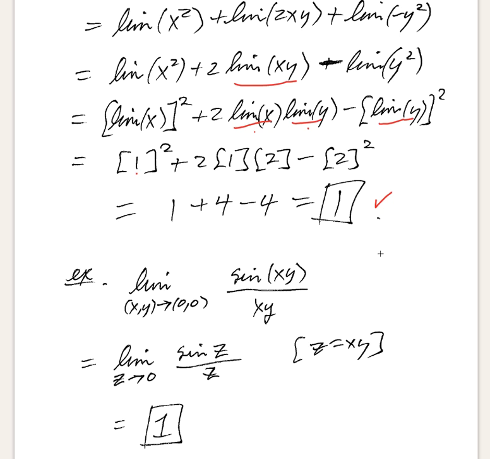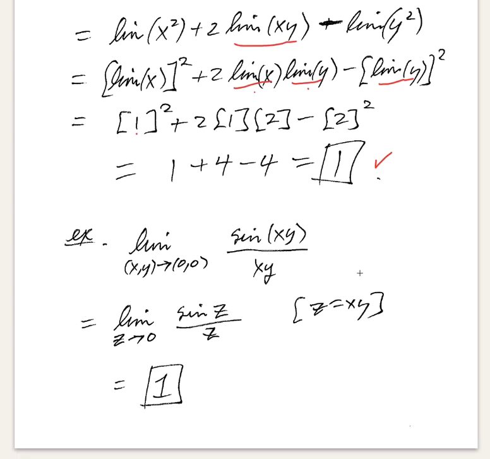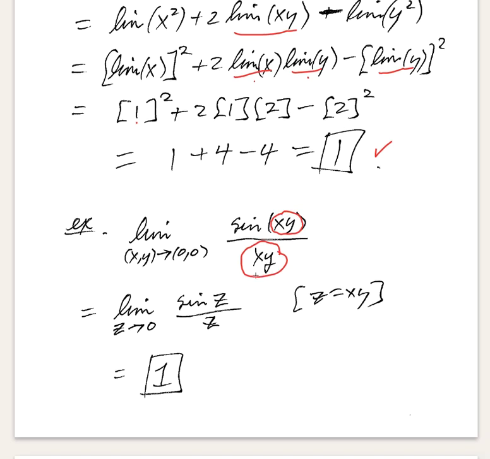Here's a different sort of limit here. The limit as (x, y) approaches (0, 0) of sine of xy over xy. Something you can do in situations like this: it would be really nice if I just replace xy by a different variable, which I'm going to call z. Now z approaches 0 if both x and y approach 0 here.